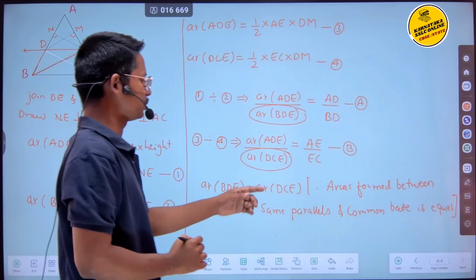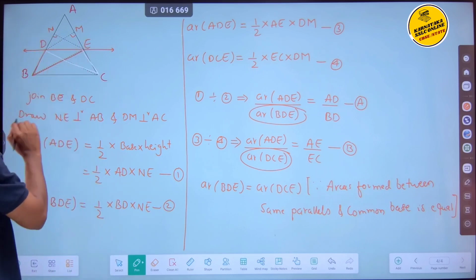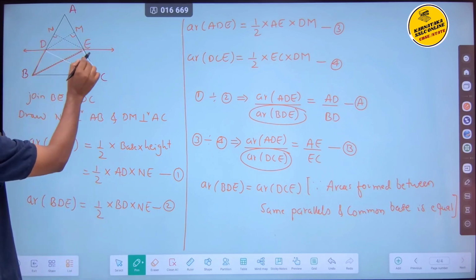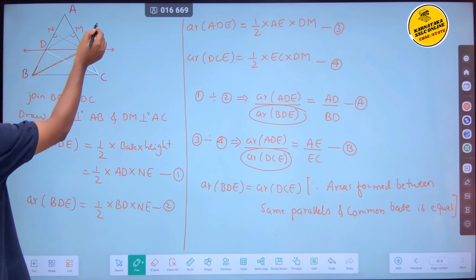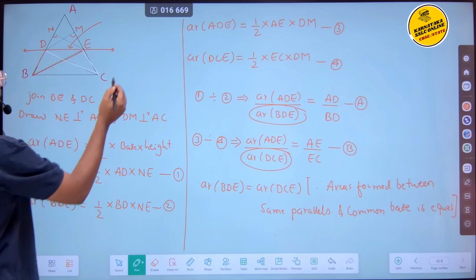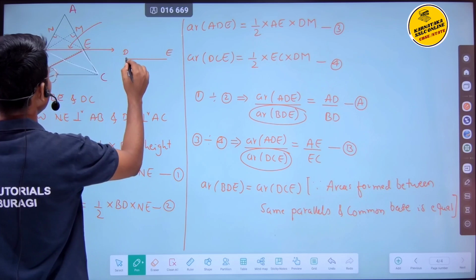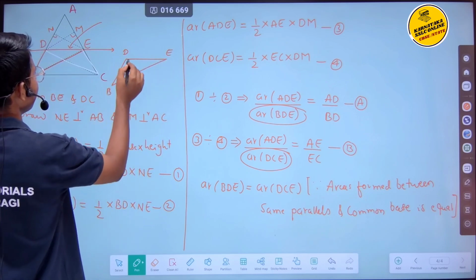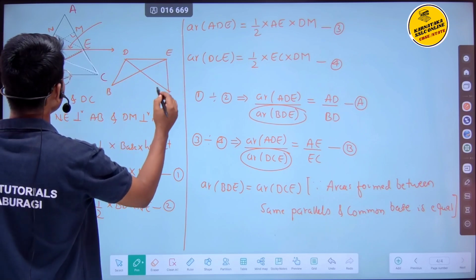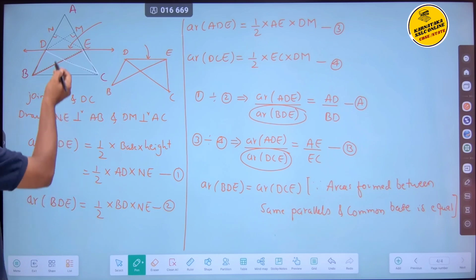Okay, so try to understand. See here, BDE and DCE, both are formed on the same base. Which is the base? The base is DE, because on the side DE only you can find the first triangle, and you can even find the second triangle. So DE is common, and we already said that DE is parallel to BC in the construction part.